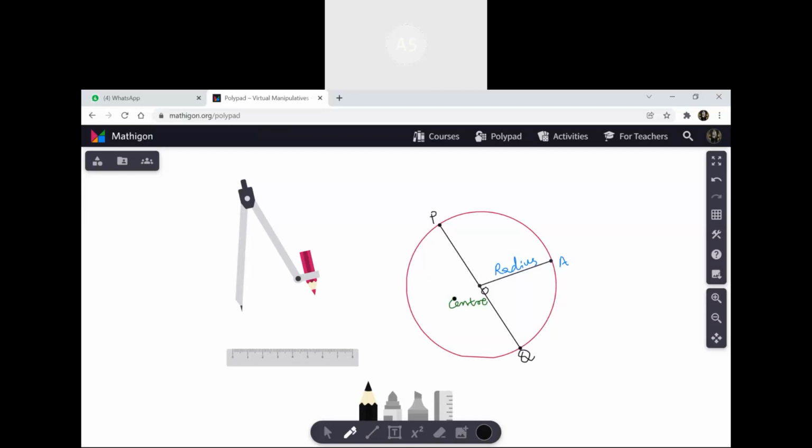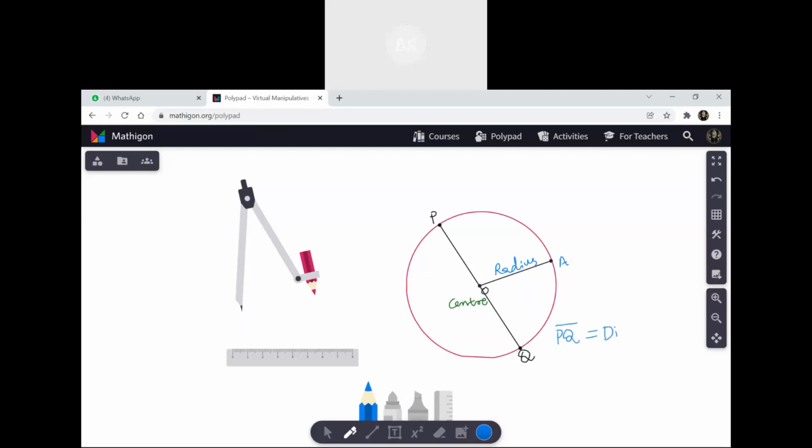So I have to draw a line segment passing through the center, having both of its endpoints on the boundary of the circle. That is called the diameter. It is called PQ.